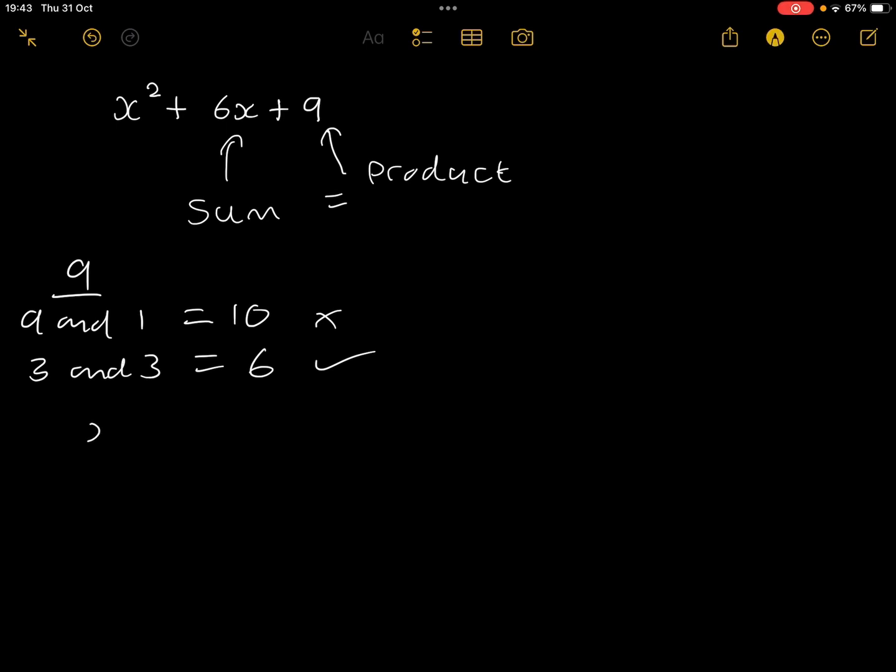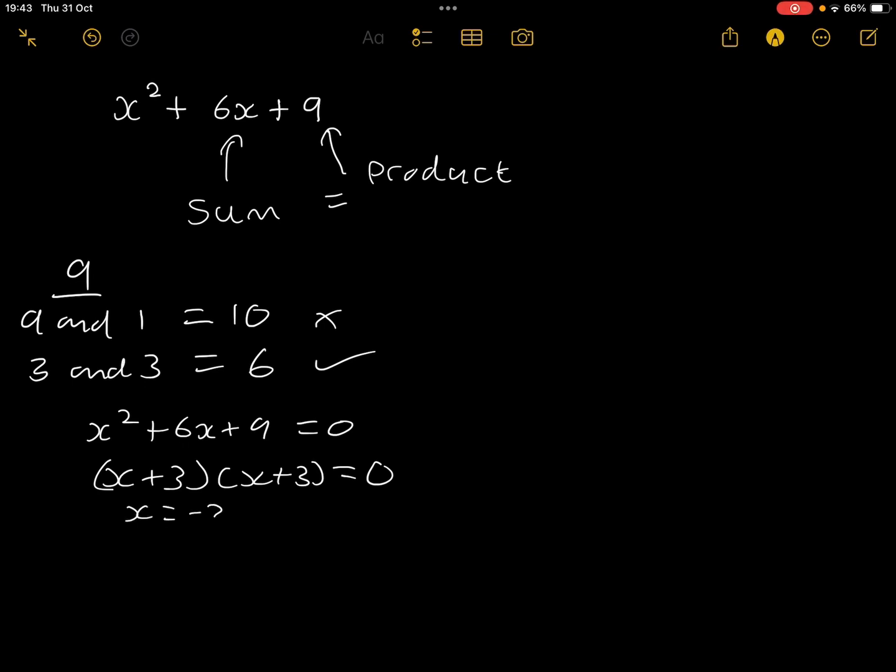So in order to write this in the appropriate form, the question would say x squared plus 6x plus 9 equals 0, so we would say x add 3, x add 3 equals 0. So what this means is our two factors, x equals minus 3, x equals minus 3, obviously they're the same, so we can just cancel one out. We've got that by simply setting x plus 3 equal to 0.